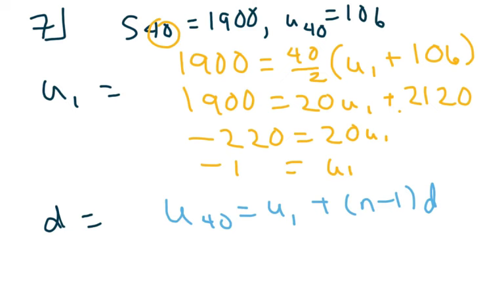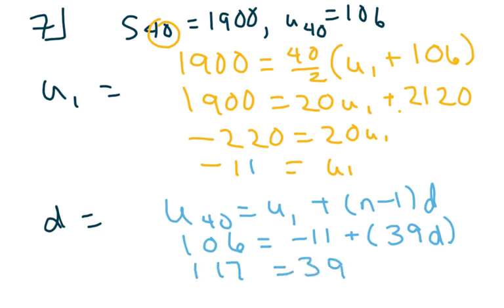So we have a sub 40, 106 equals negative 11 plus, how many total do we have? 40, so that's 39d. This is one I didn't do. So I'm going to add the 11, and I get 117 equals 39d. And you divide both sides by 39, and I get 3. So d is 3.